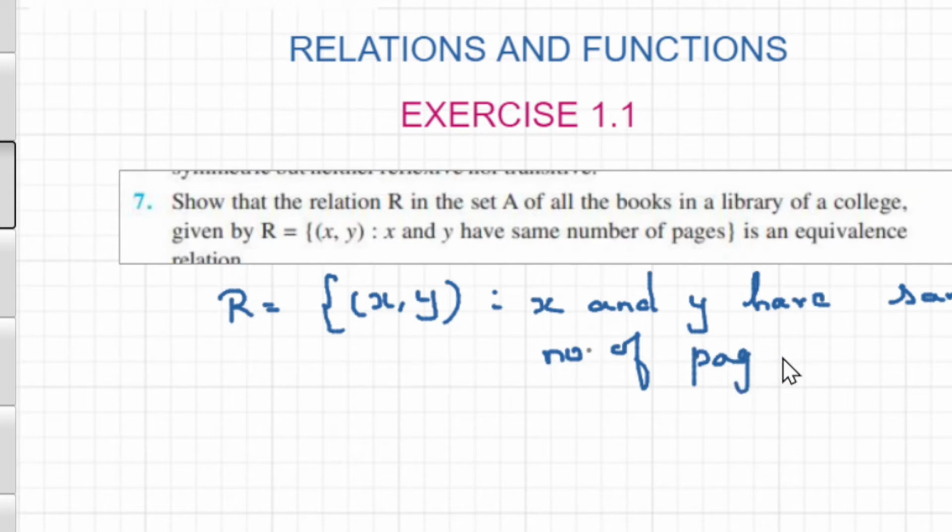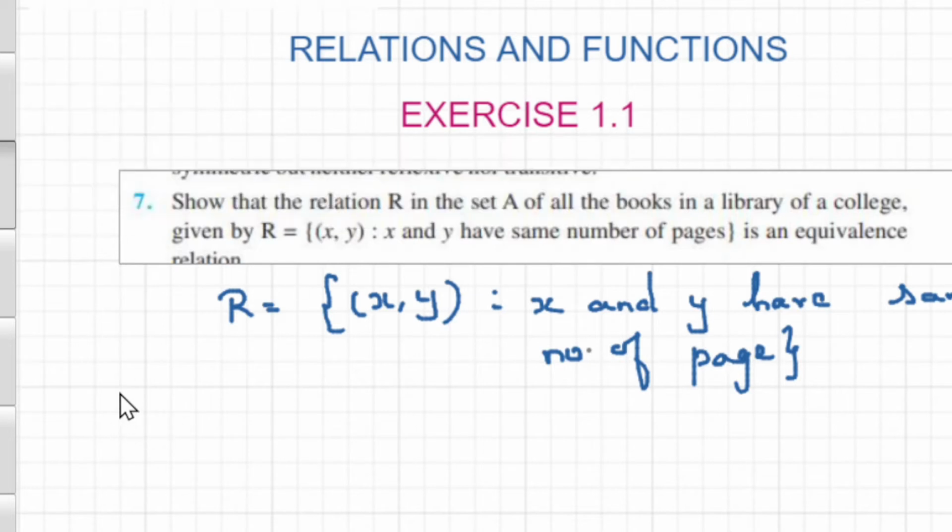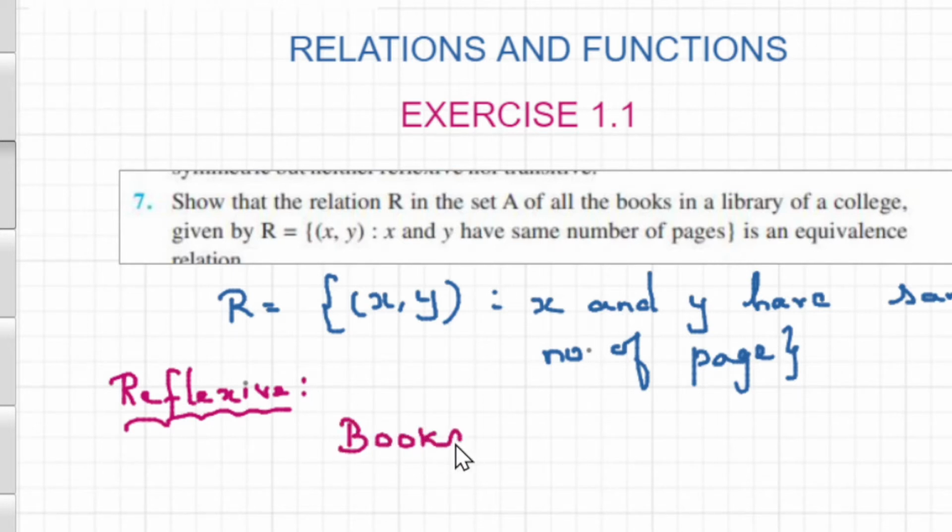To prove this is an equivalence relation, we first take reflexive. In reflexive, we need the entry (a, a). Here we take the books x and x. They have the same number of pages.